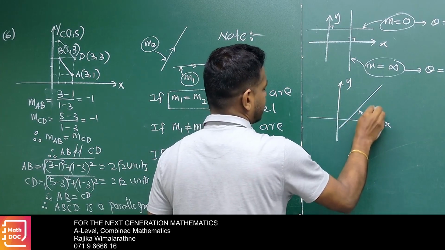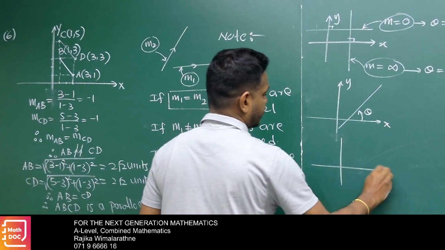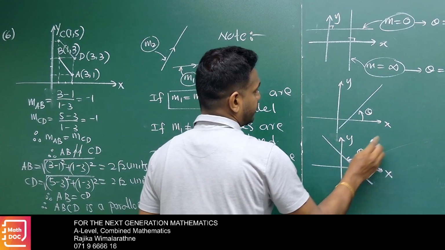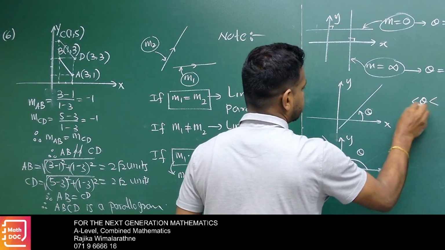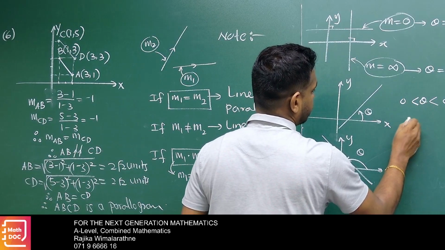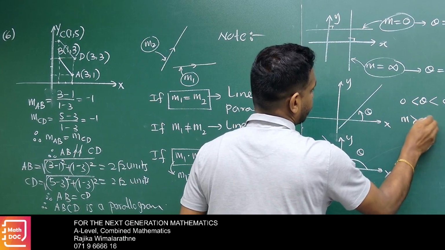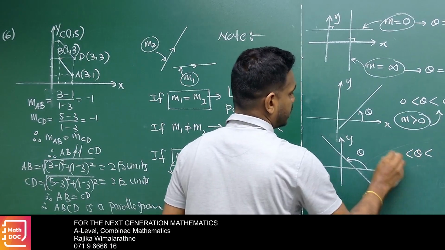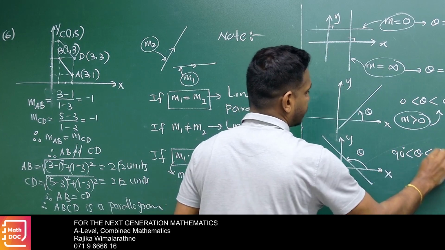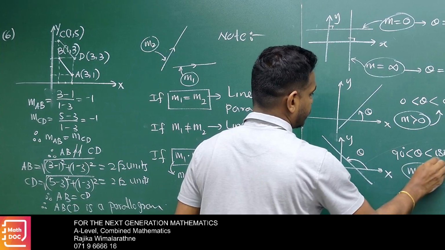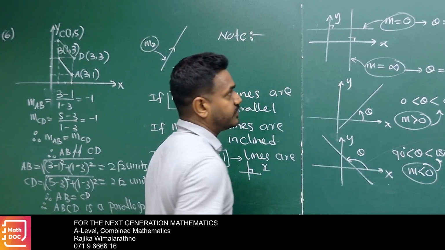Take this angle theta from the x-axis. When theta is between 0 and 90, the corresponding gradient is positive. When theta is between 90 and 180, the corresponding gradient is negative.